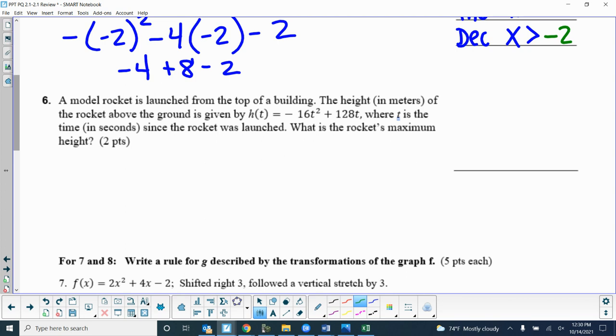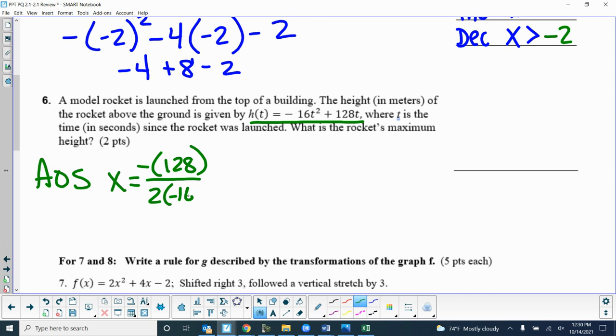Since it's in standard form, how have we found the vertex all the other times? What do we have to find first? Negative b over 2a. So negative 128 over 2 times negative 16, which is negative 128 over negative 32, which is 4.